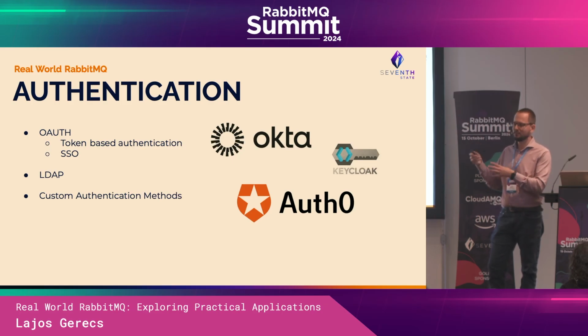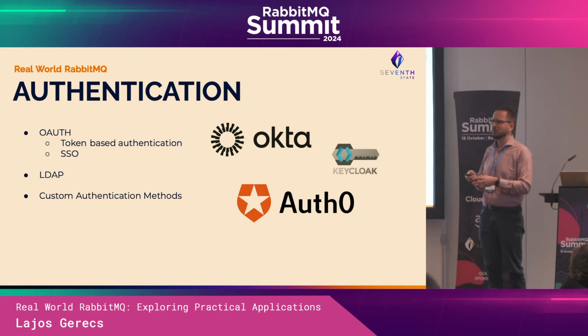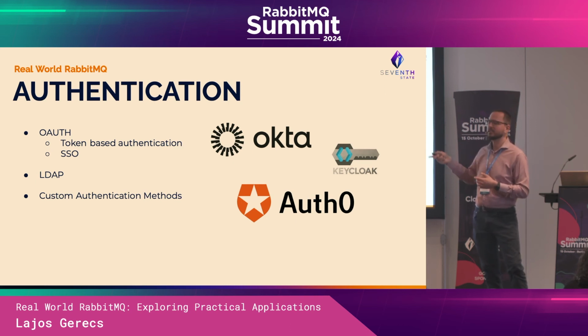So you tell the service what the user has access to. And the same goes for LDAP. We very commonly see operators use LDAP when authenticating to RabbitMQ, and then they can use their own Active Directory passwords. And for all three, the advantage is that you don't have to add the user to RabbitMQ.